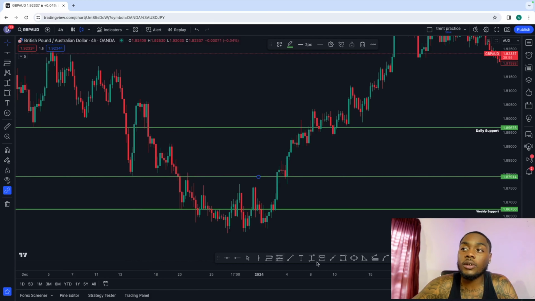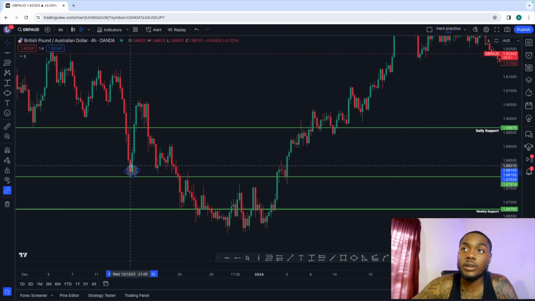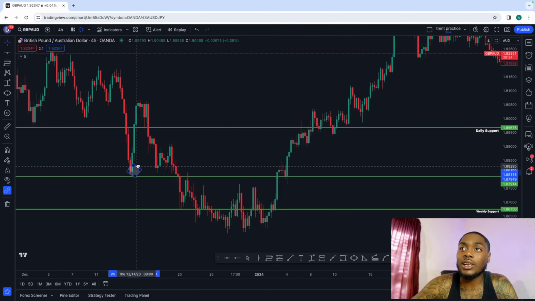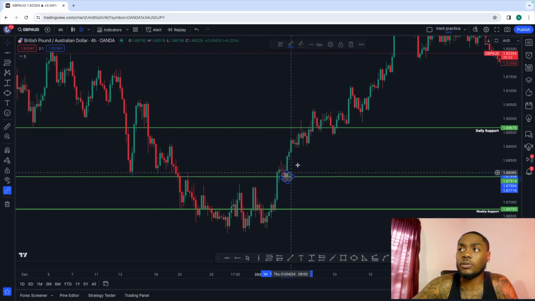The reason why I'm not going to look for the exact price point here is because this is the last place that price pushed up from. This is back in December 13, 2023, and this is January 4th of this year, 2024, right? So I'm going to go with the last place that price reacted from, or the most recent move.